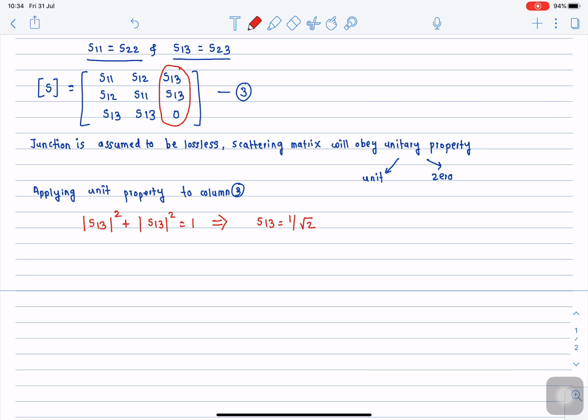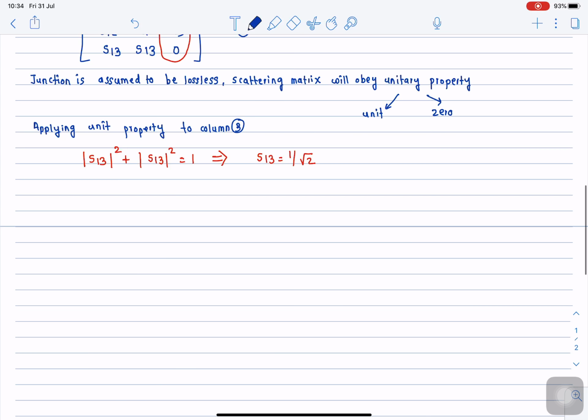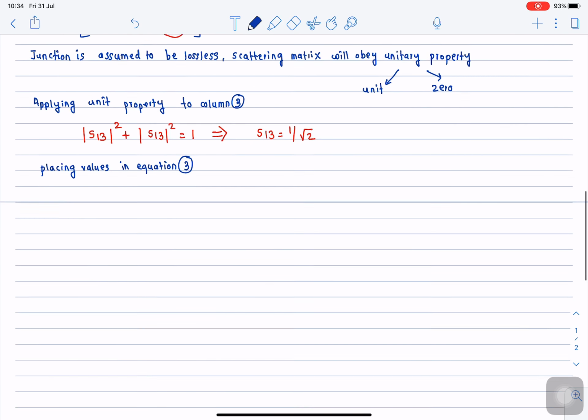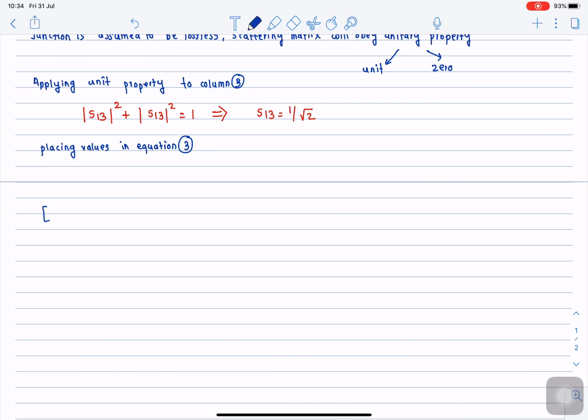Now I will change the color. Placing values in equation 3 of the scattering matrix. So put this value of S13 in equation number 3. How will equation number 3 get modified? S is equal to the scattering matrix: S11 as it is, S12, and now here S13 I will replace.